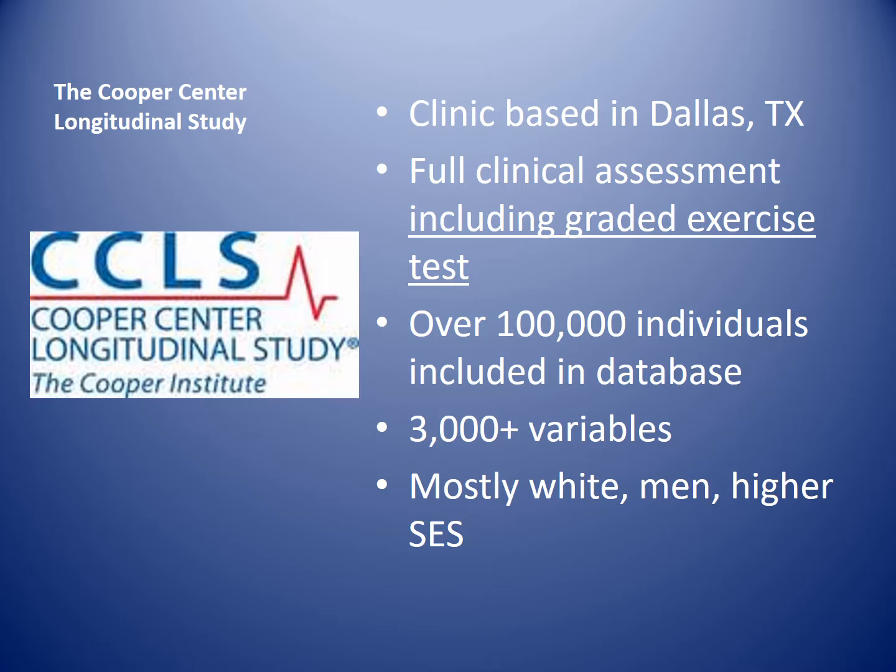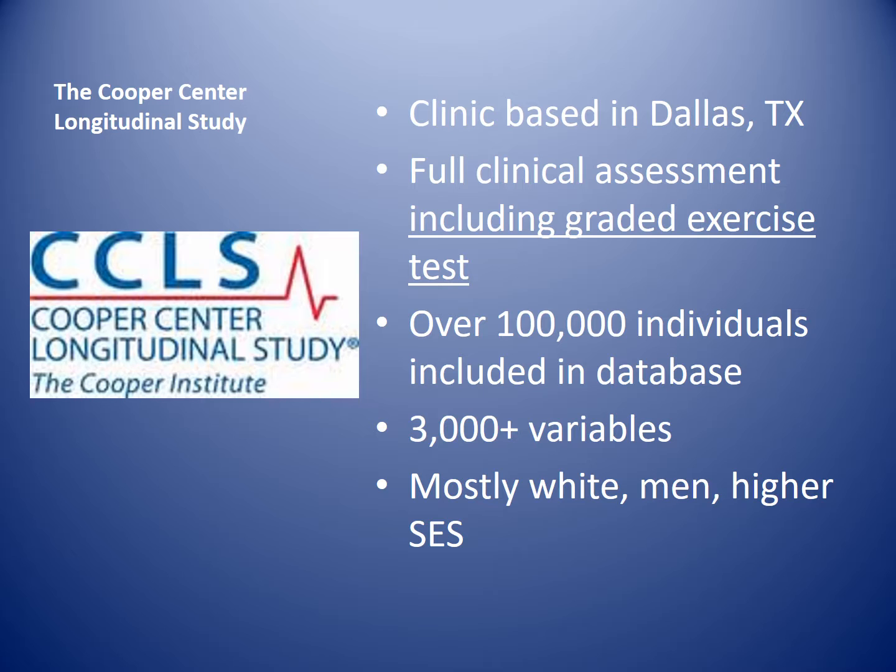This includes a full graded exercise test where the individual exercises to exhaustion. It takes almost a full day to do all of the assessments, and they have over 100,000 individuals who have participated in at least one assessment.